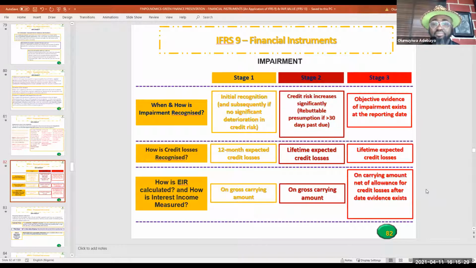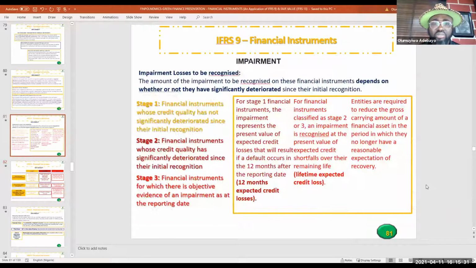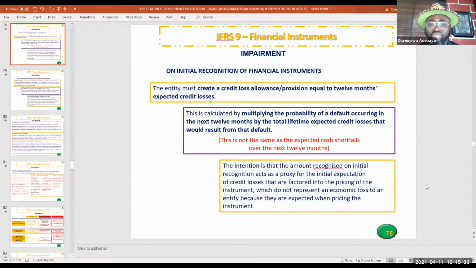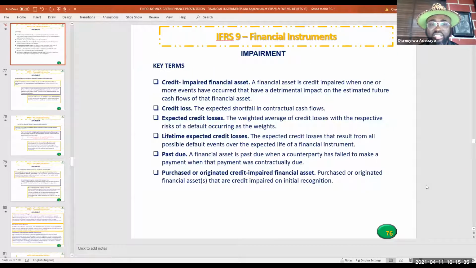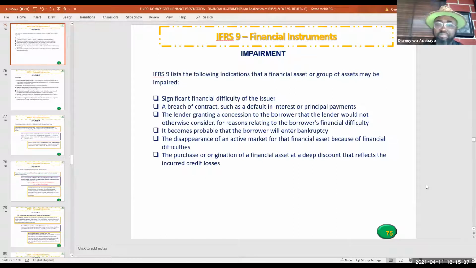And what are they? The following may be considered as an evidence of loss events or credit defaults. Now let's look at them. One is when the issuer of such a financial asset has started to experience significant financial difficulties. It shows that such financial asset may be credit impaired.